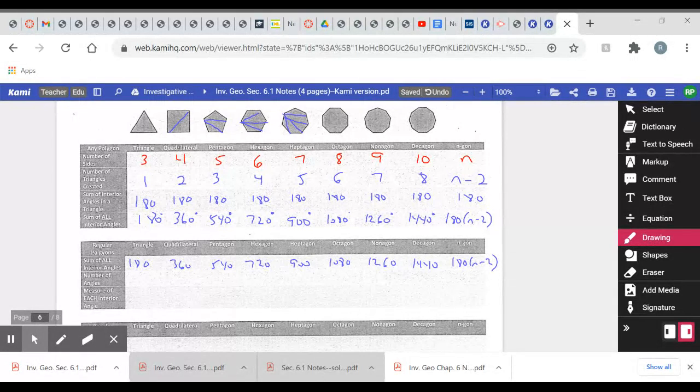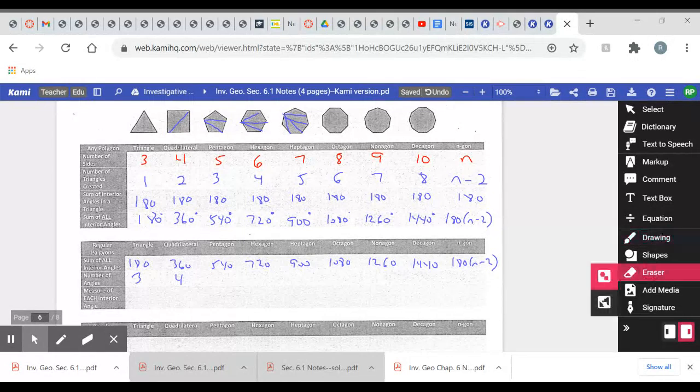Now it says the number of angles. In this case, the number of interior angles in that figure is 3 for a triangle. For a quadrilateral, there's 4.